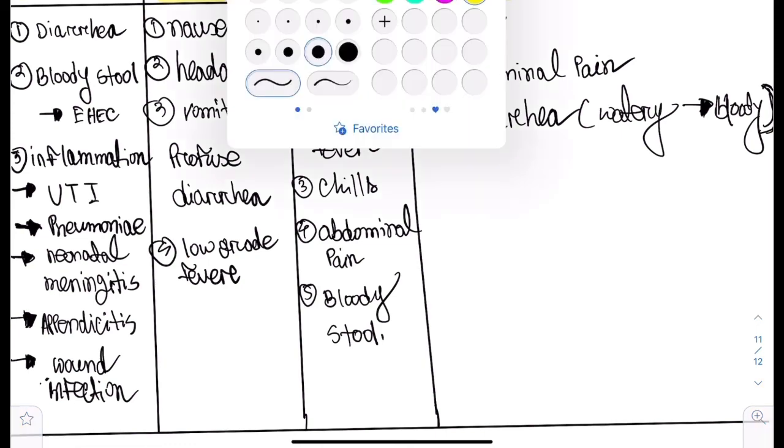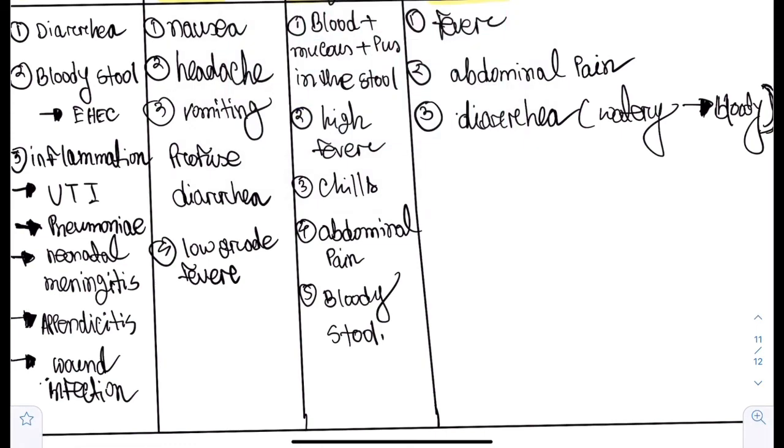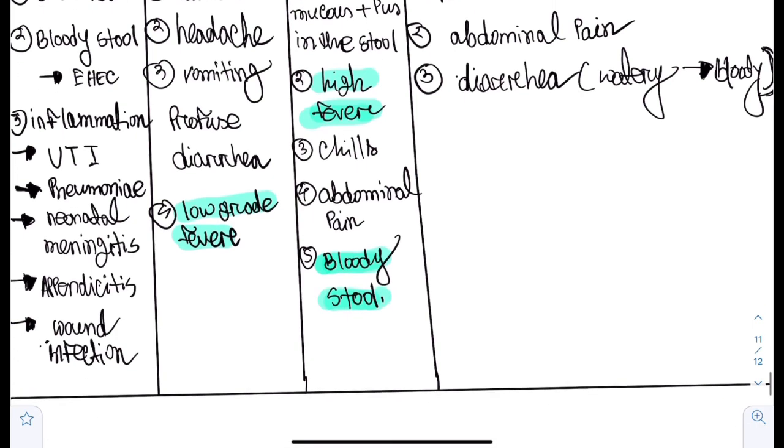If we get a clinical case and we don't know how to identify it, there will be low grade fever for Salmonella, and for Shigella there will be high grade fever, and another possibility is that the Shigella infected patient will have bloody stool. So that's it.